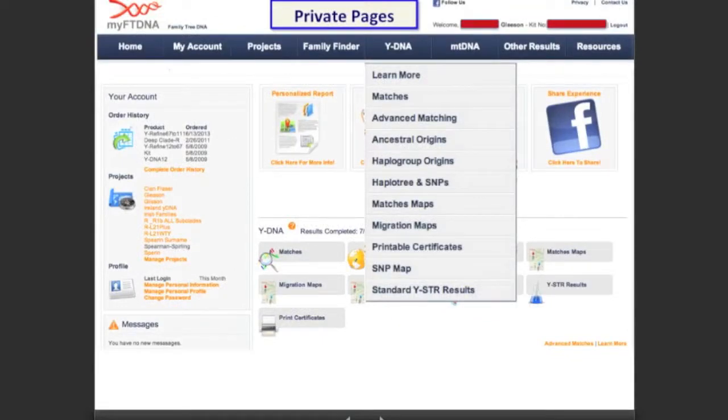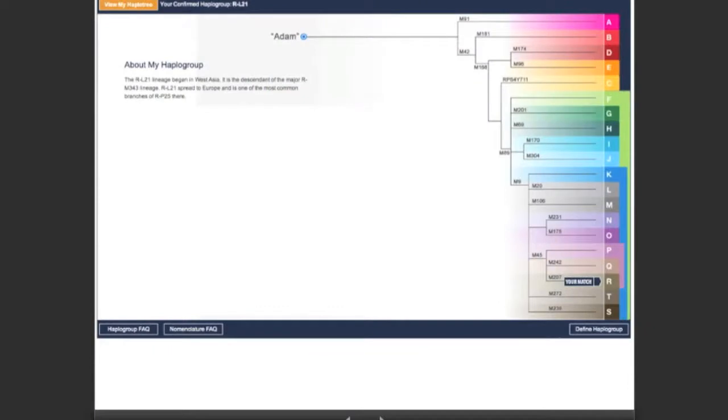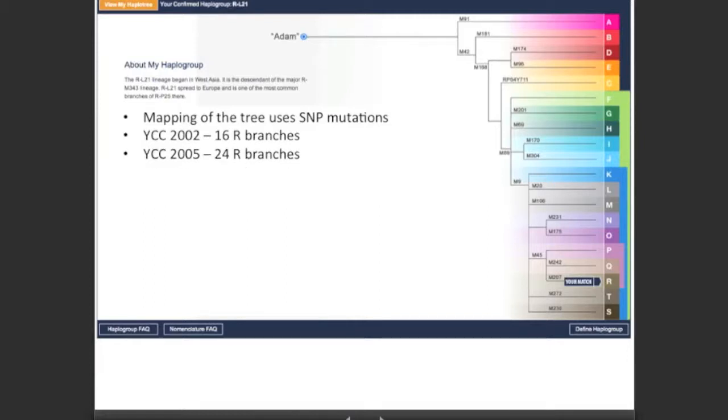And this is the sort of figure that you'll see, and it very much approximates a tree with its finer branches as it goes out. The next page that I want to look at is the migration maps, the haplotree and the haplogroup origins. I'm going to run through this fairly quickly because Debbie will be covering SNPs later on. But this is an example of where I fit in to the human haplotree. I'm down here in haplogroup R. Mapping of the tree uses SNP mutations, which Debbie will talk about, so I'm just going to skip through this.